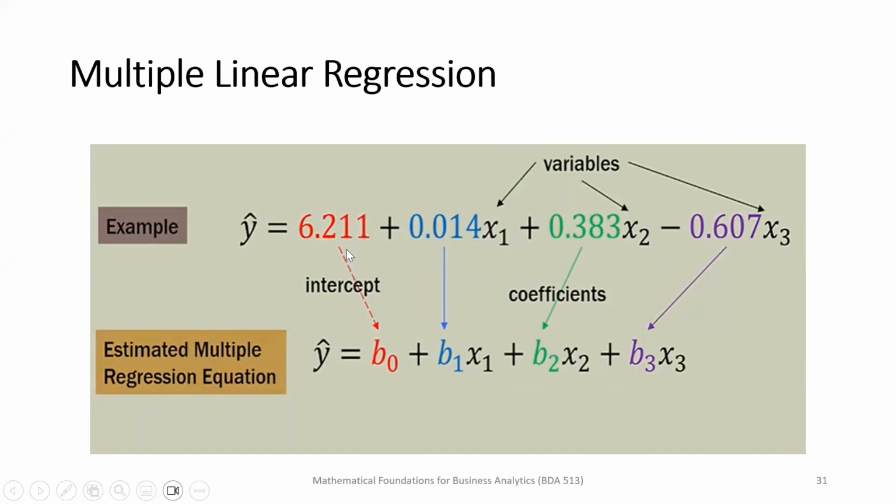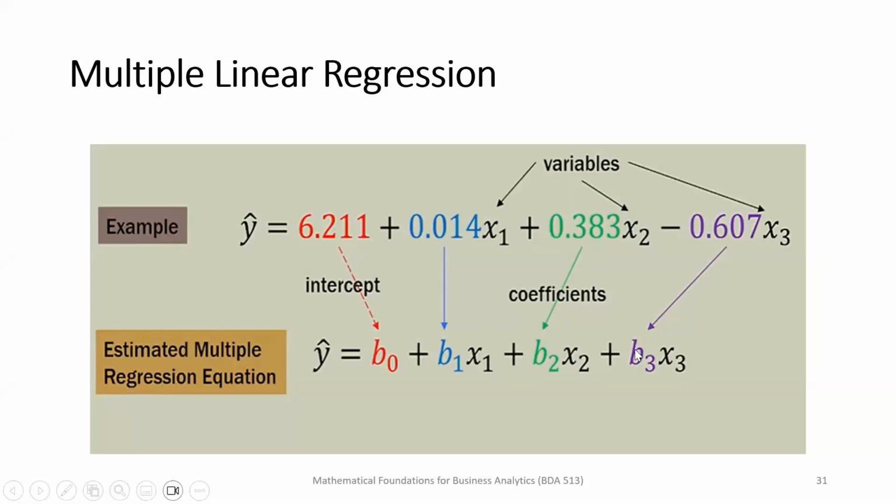So we have the B0, that is the intercept, and then the B1 that relates to X1, and then the B2 relates to the second independent variable, and the B3 relates to the third independent variable.